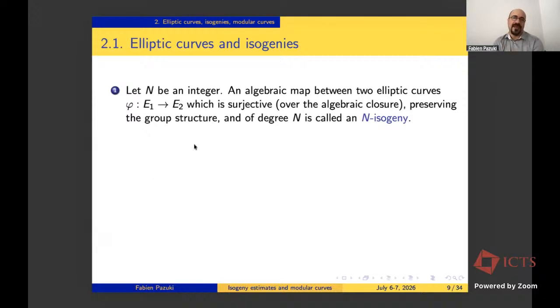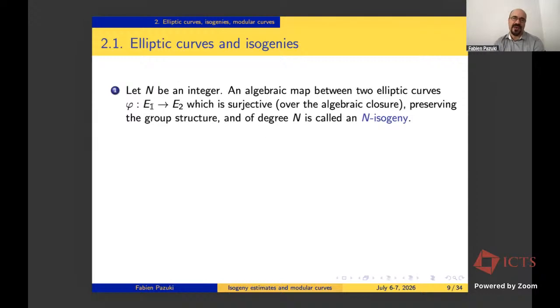As you can see, I'm now talking about the group structure. I did not redefine everything on the elliptic curves. One of the very important features of these elliptic curves is that they carry an algebraic group structure, a commutative group that has a very interesting structure, depending on the field where you look at.